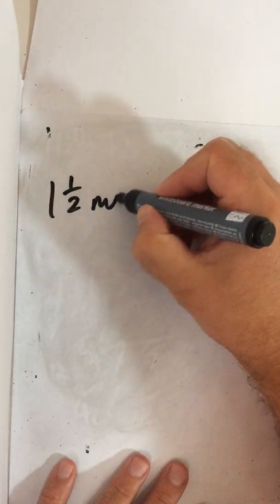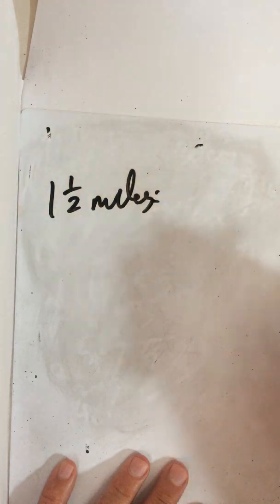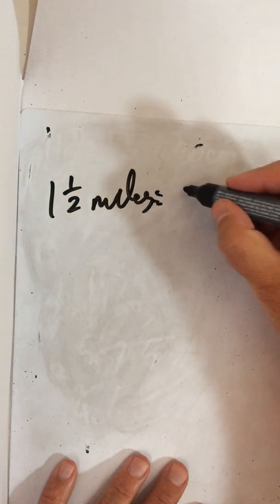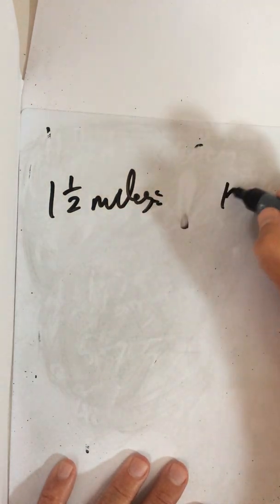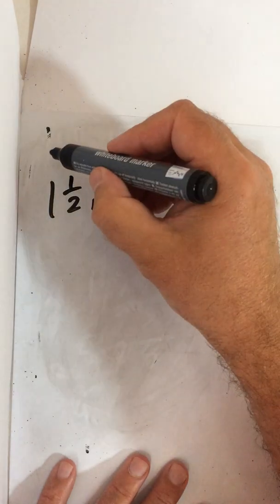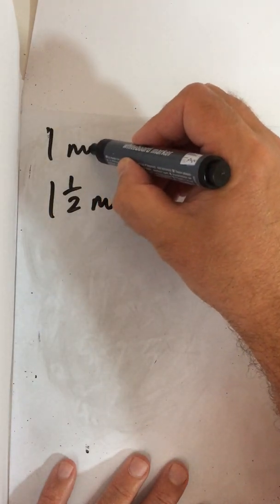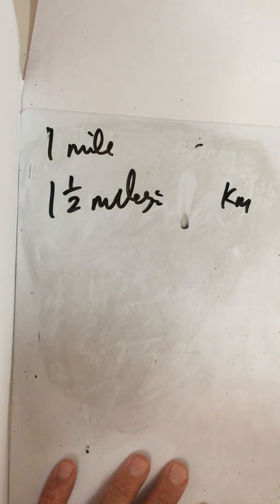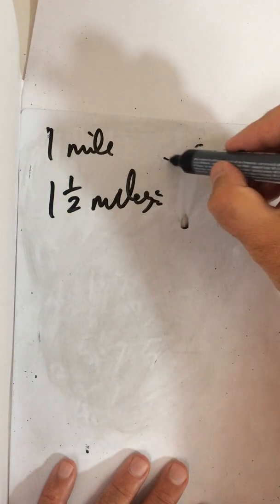1.5 miles equals how many kilometers? So I know 1 mile is equal to 1.6.